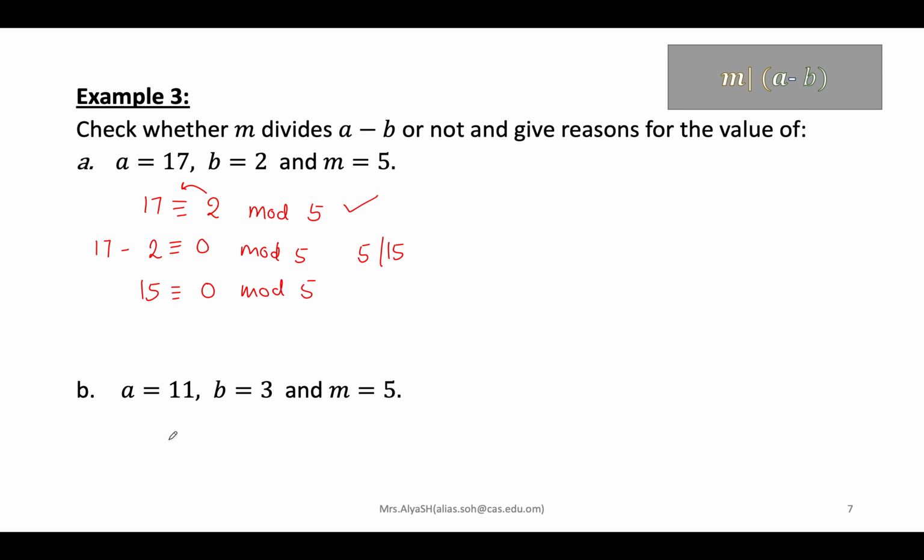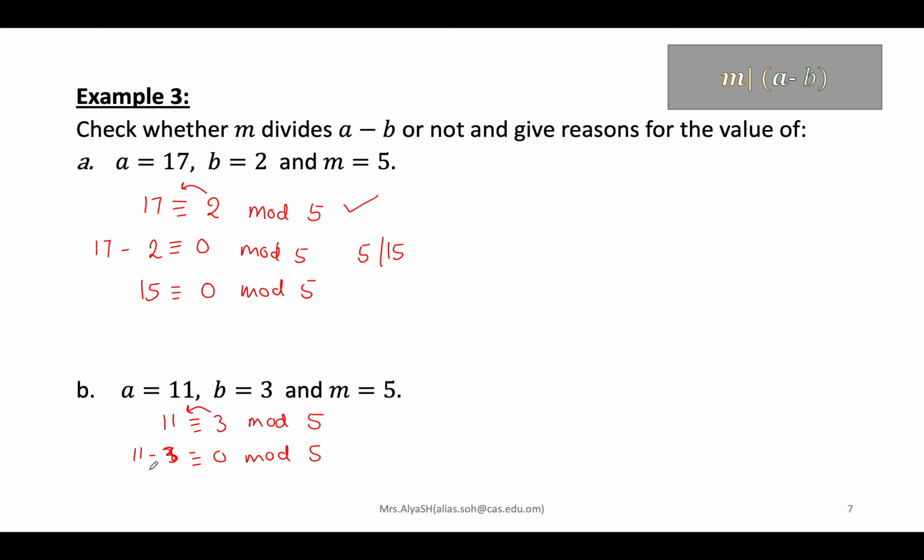Now in case we want to check the same condition for 11 congruent to 3 mod 5, we take 3 outside, then 11 minus 3 is congruent to 0 mod 5.